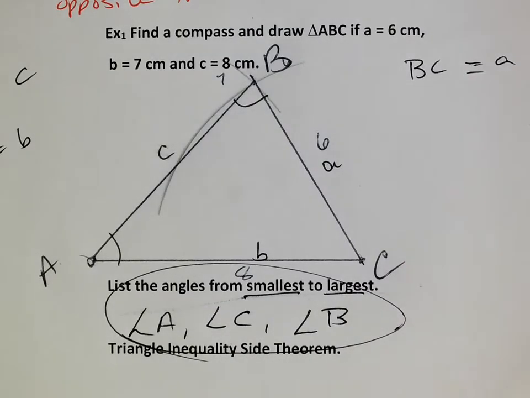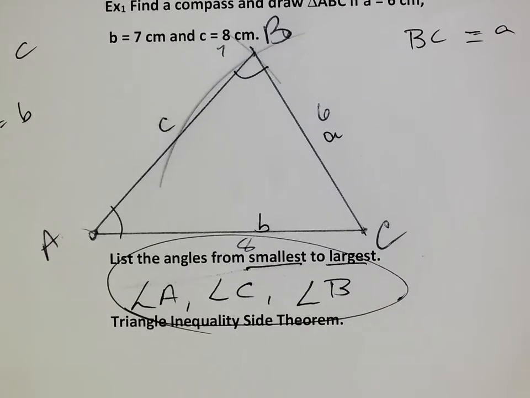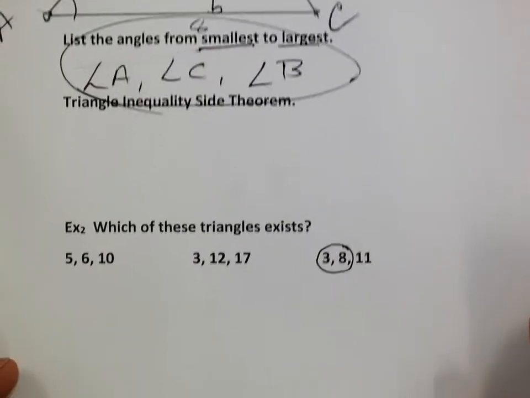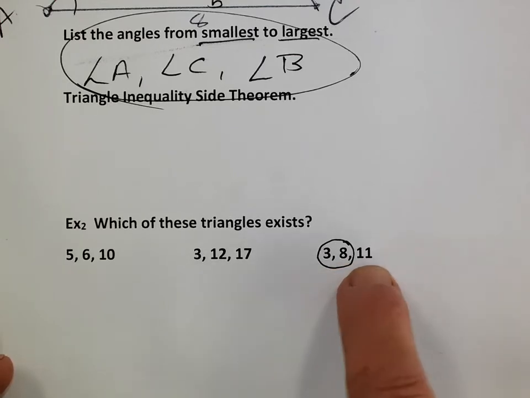Now, the last thing is the triangle inequality side theorem, okay? Sometimes triangles don't exist. If these two sides together aren't bigger than this side, it can't make a triangle.